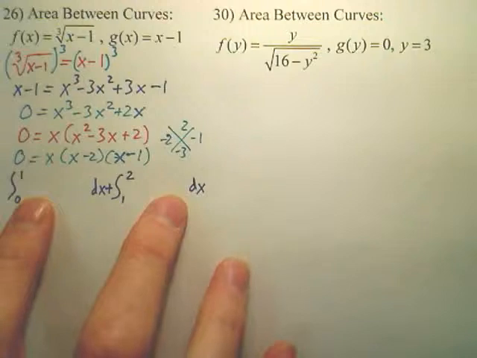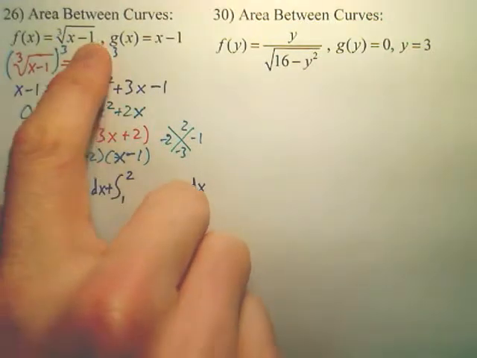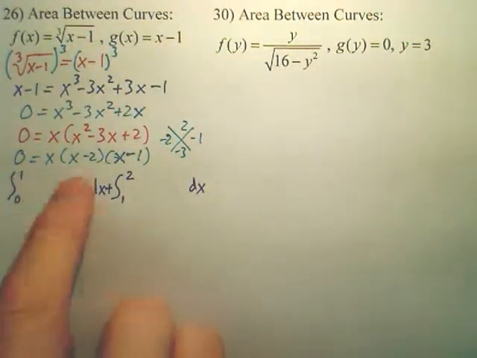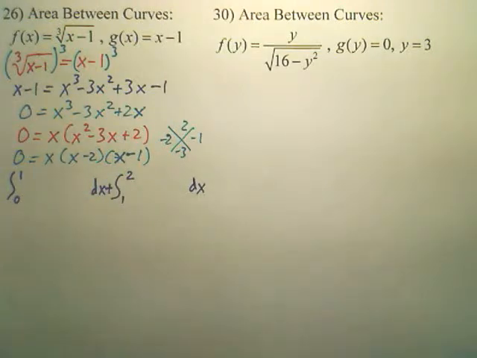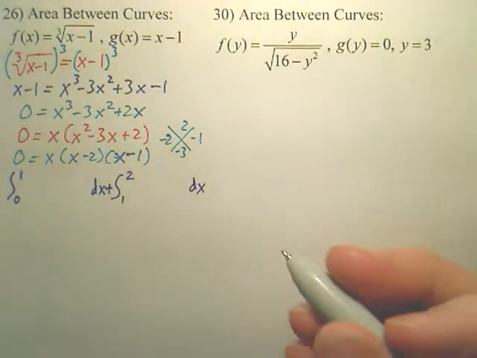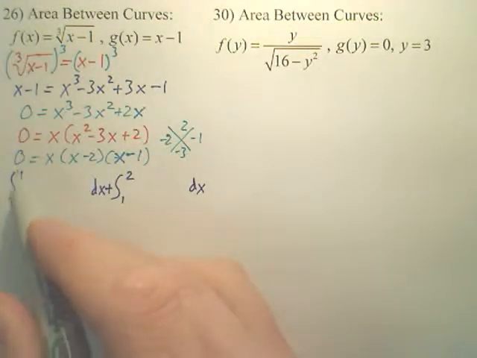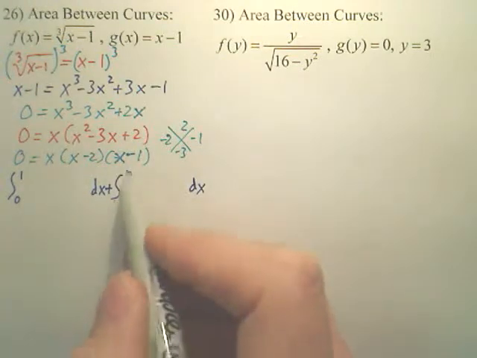So we have the two intervals. Now we've got to figure out, within these intervals from 0 to 1 and 1 to 2, which one's on top, which one's on bottom. Here's how you figure that out. You need to plug in 1/2 and 1 and 1/2.